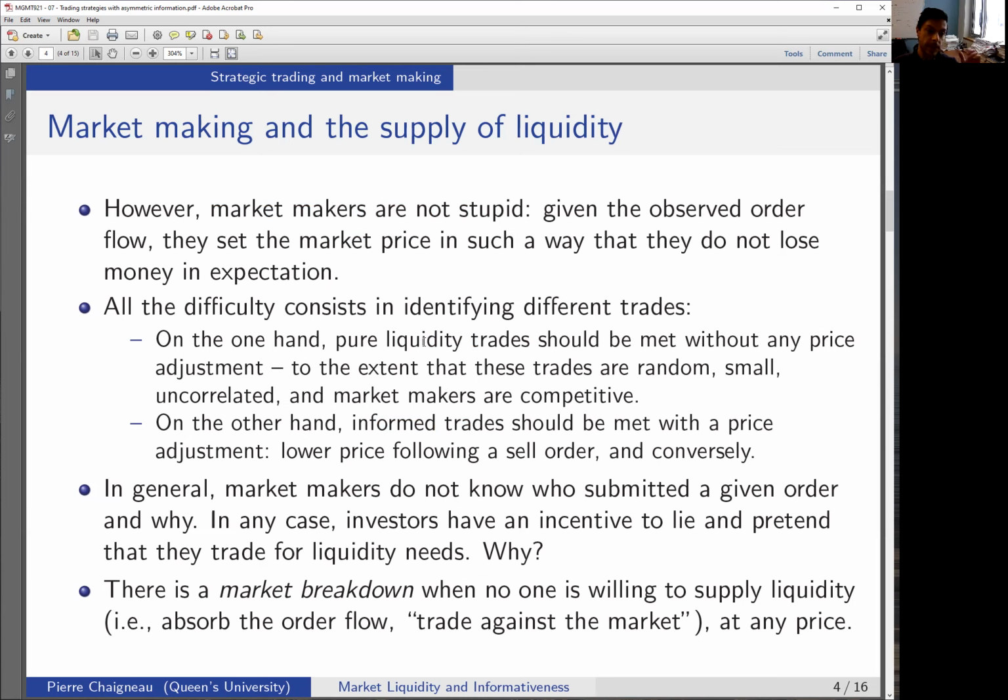But then if any investor would say that their trade is liquidity based, then it's just pointless for market makers to ask, right? Because investors have an incentive to lie. So just in summary, market makers will not be able to know what is the reason behind a particular trade.